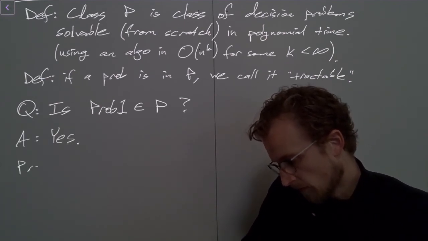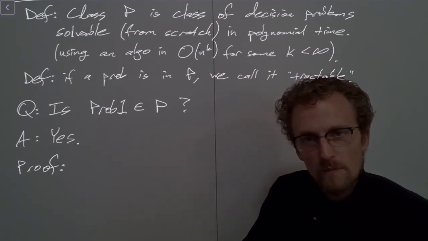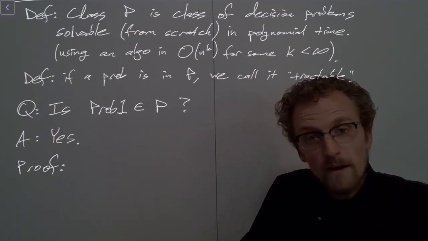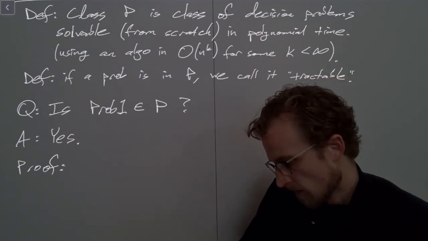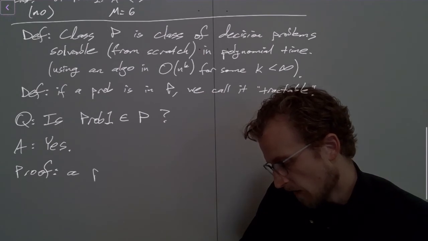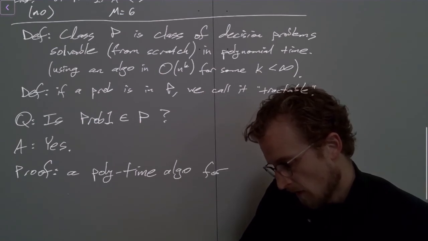The proof is writing down a polynomial time algorithm that identifies whether a given instance of the problem is a yes instance or a no instance. So the proof is a polytime algorithm for prob 1.